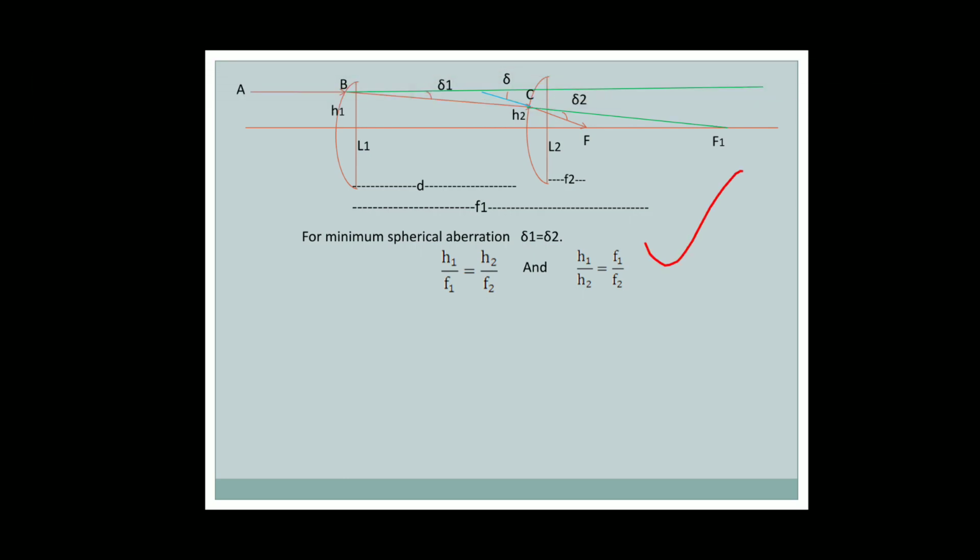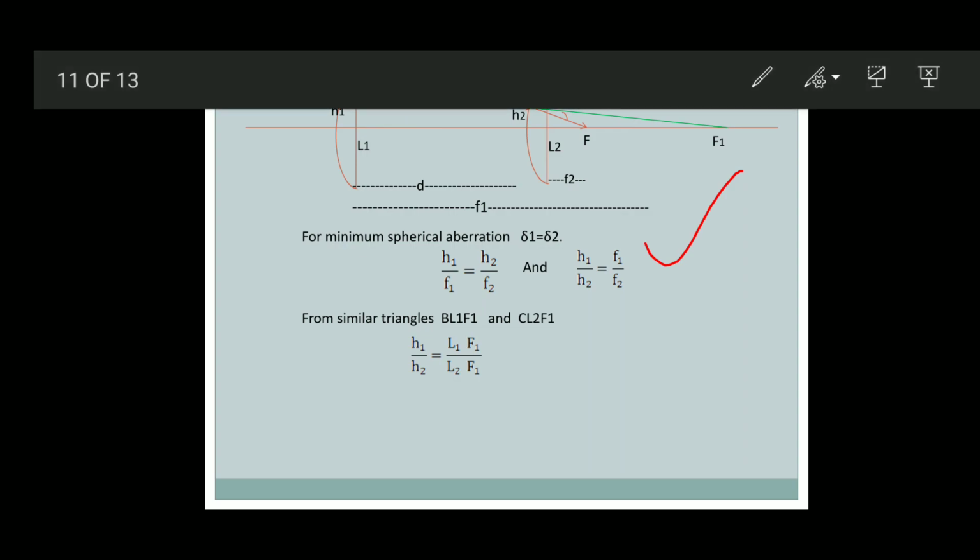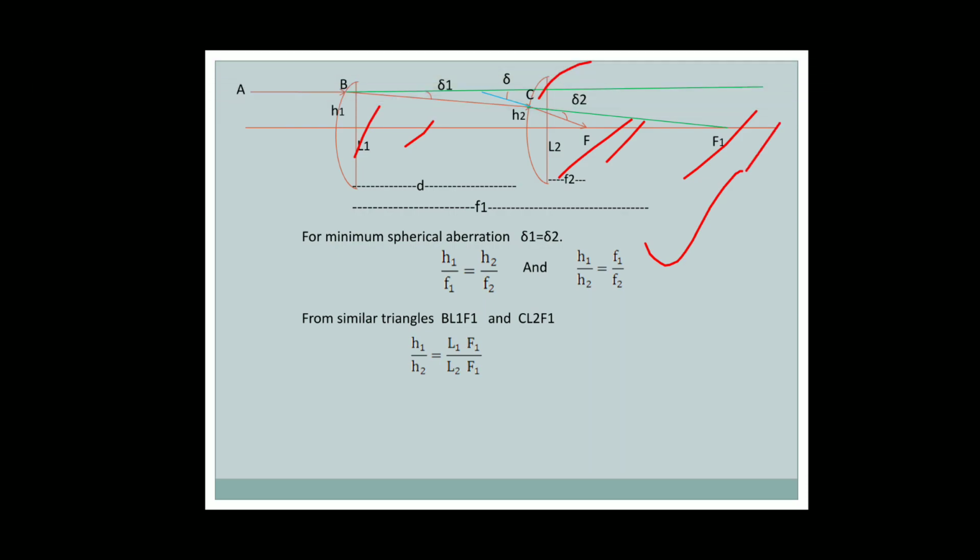Now, considering the two triangles, from the triangles BL1F1 and CL2F1, these two are similar triangles. From that, h1 by h2 is equal to L1F1 by L2F1.